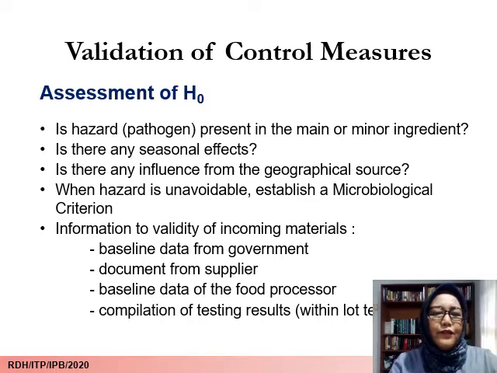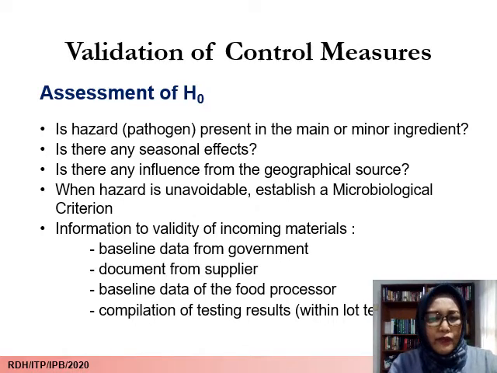Here are the activities during assessment of the initial number of microorganisms. Questions that may arise include: is the hazard pathogen present in the main or minor ingredient? Is there any seasonal effect? For example, there's a different load of microorganisms during winter season versus dry or summer season.